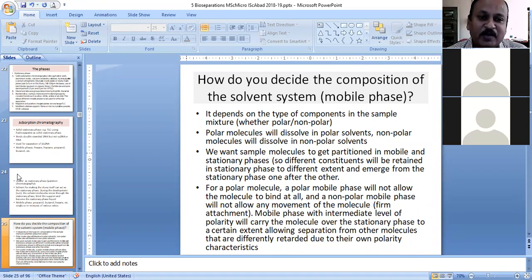So different molecules in the sample mixture should be carried by the mobile phase to different extents. Remember these words: they should be carried to a different extent, or in other words, they should be retained on the stationary phase to a different extent. And when I say to a different extent, it means that you are going to separate the different components on the stationary phase. Do you get what I'm saying?